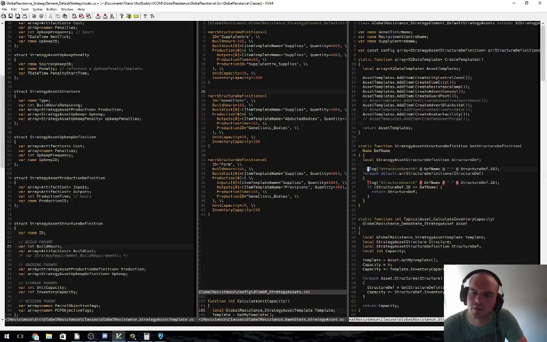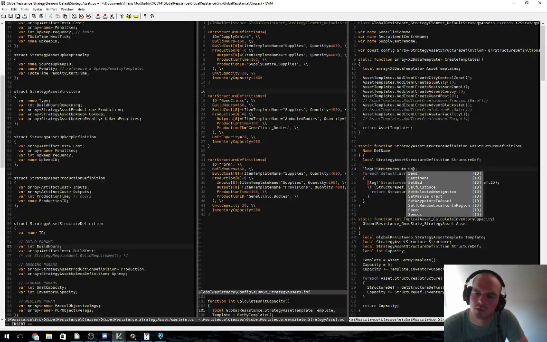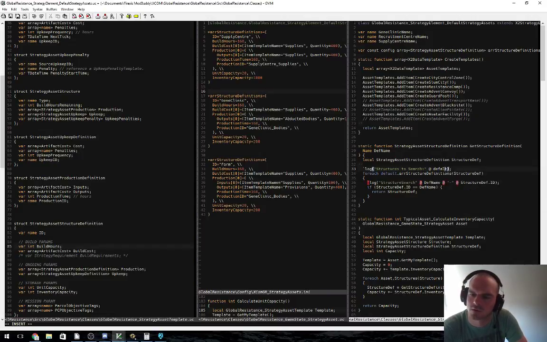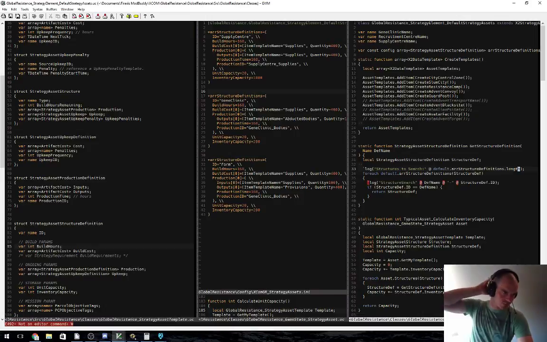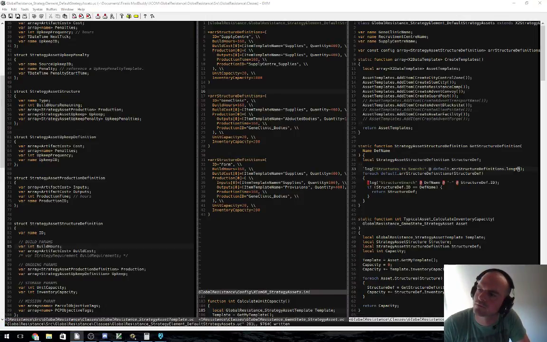And I'm just going to verify that there is in fact a length, sorry, default dot structure definitions dot length. Okay. All right. Let's see if we've got some joy now. At least this one we can find pretty early in the piece.